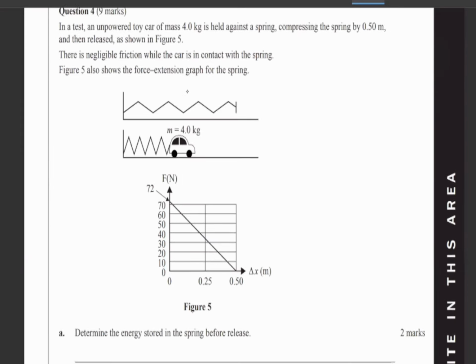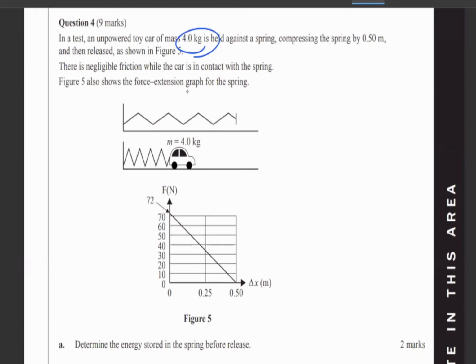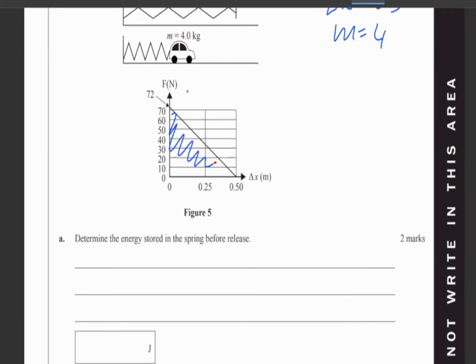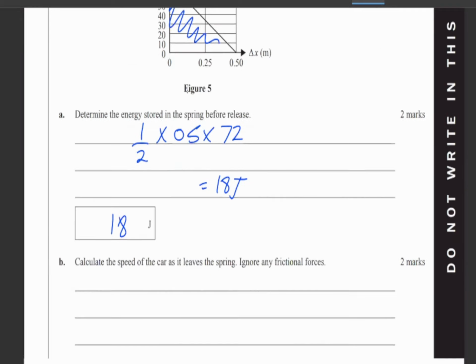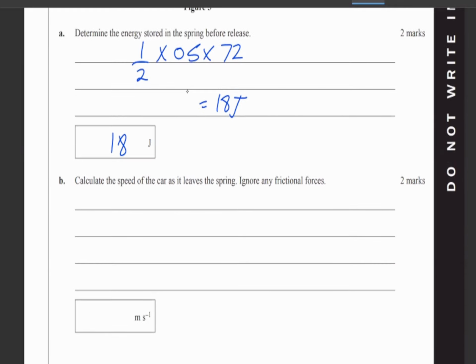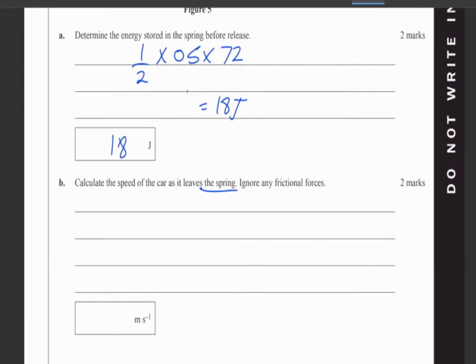Next part, the car's mass is 4. So the stored energy is just the area under the graph, which is half times 0.5 times 72, which is 18 joules. Calculate the speed of the car as it leaves this.